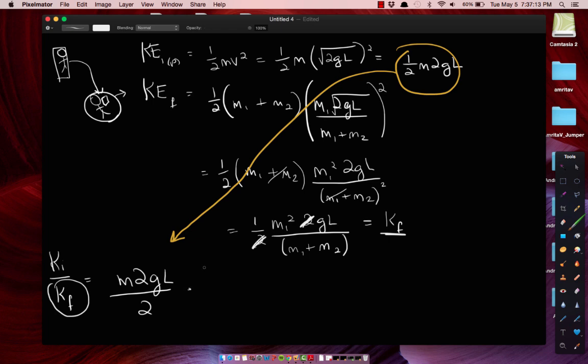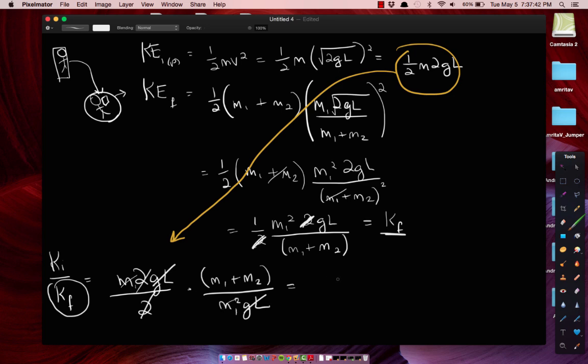We put m1 plus m2 on the top, and then m squared gl on the bottom. And we see that a lot of things cancel out. This gl cancels with gl. As I said, the 2 cancels with the 2. And then we have an m on the top and m squared on the bottom, so there's going to be an m on the bottom.